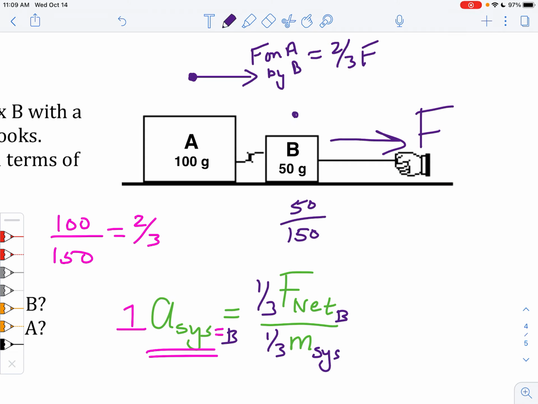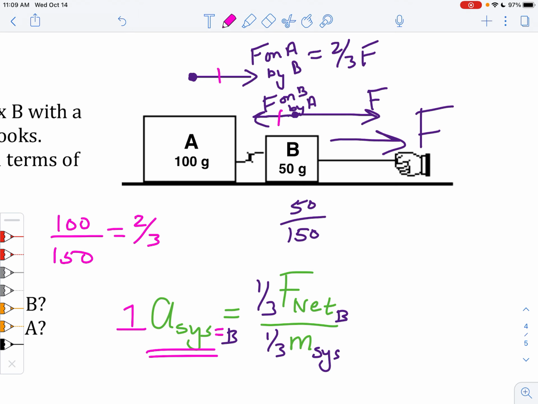B is a little bit more complicated. B is going to feel this force to the right, F, but it's also going to feel some force backwards. A is going to be pulling backwards on B. Now, this on-by notation, the force on A by B, the force on B by A: those are third law pairs. So we're going to mark those as equal.